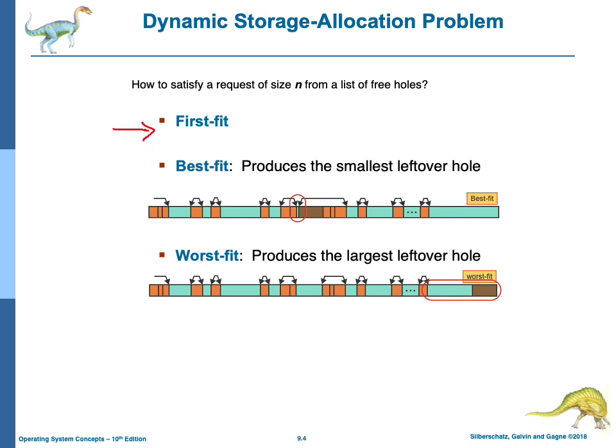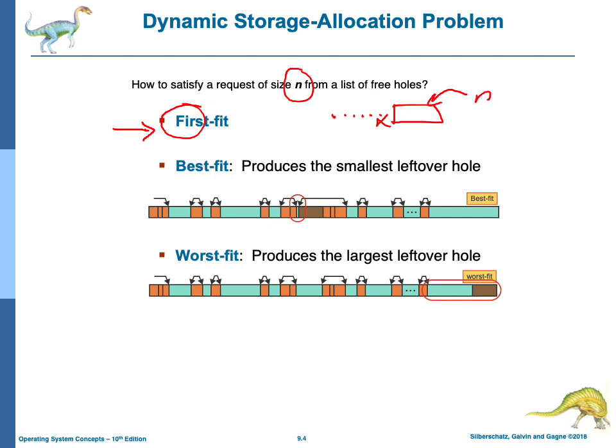Out of a list of allocated and free partitions in memory, we start searching our memory, and then we allocate the first partition found that a process of size n can fit in. Okay, that's first fit. The search stops as soon as we find a partition that can hold the process of size n.